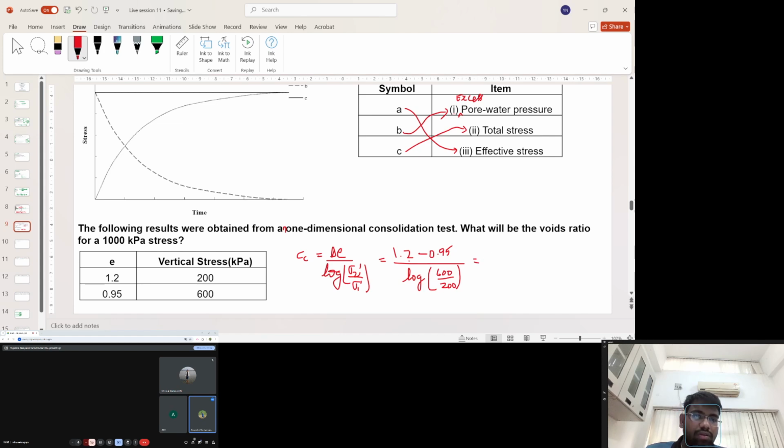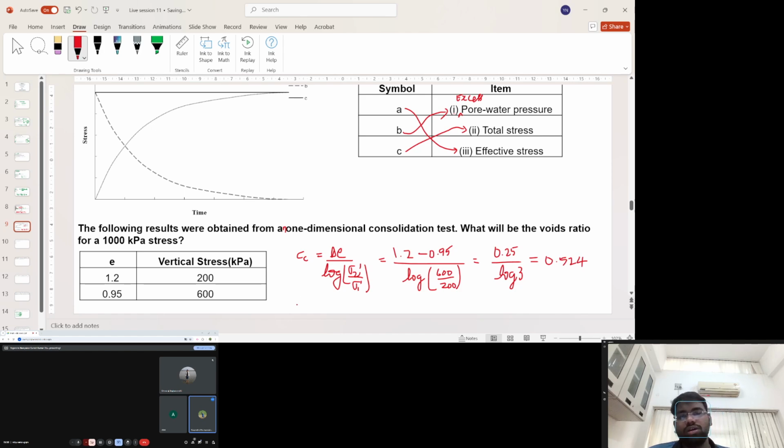This will be 1.2 minus 0.95 is 0.25, divided by log 3. How much are we getting? 0.523. 0.524, sir. 5 to 4.